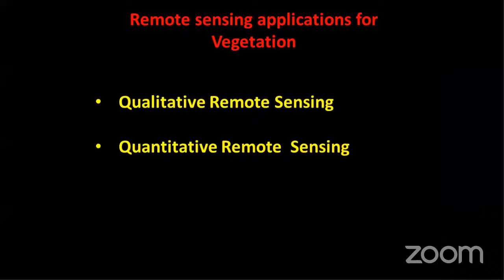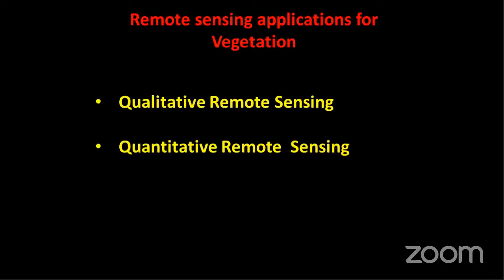When you say quantity, it means how much area has gone, or how much carbon or nitrogen is present. When you talk about the amount, as for biomass, these are quantitative remote sensing. When you quantify the parameters, there are n number of parameters in vegetation.